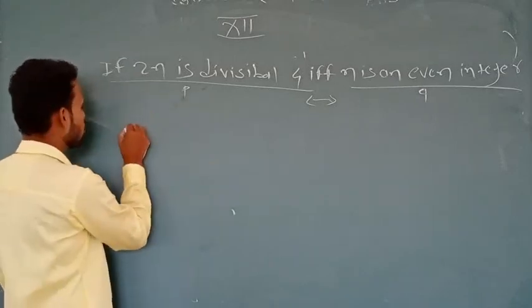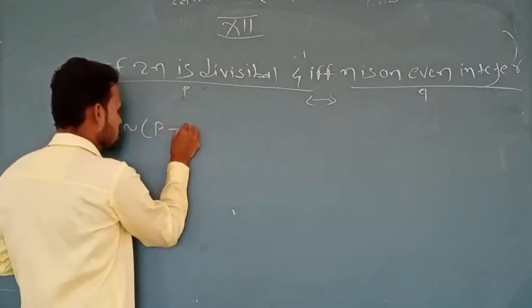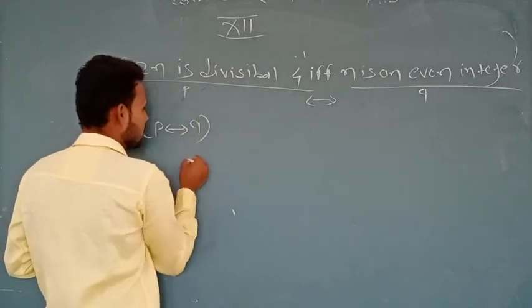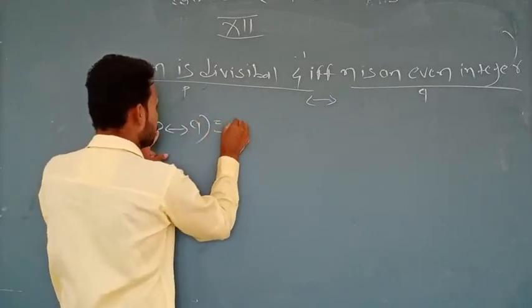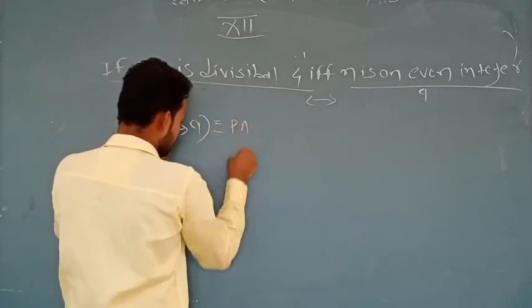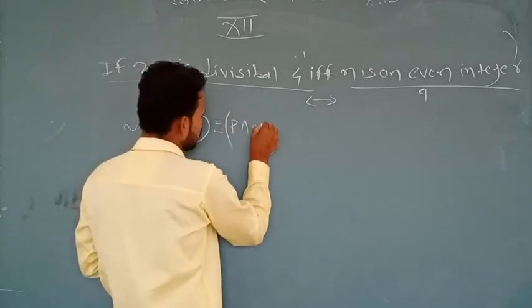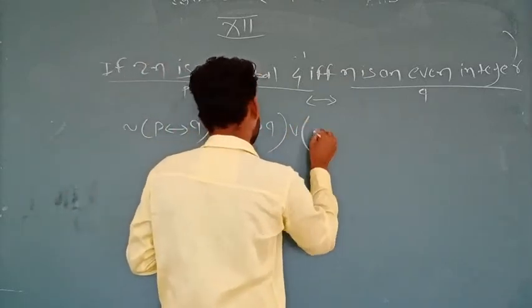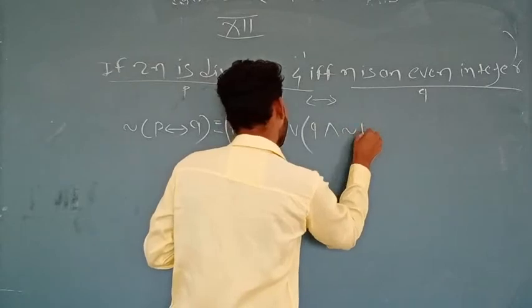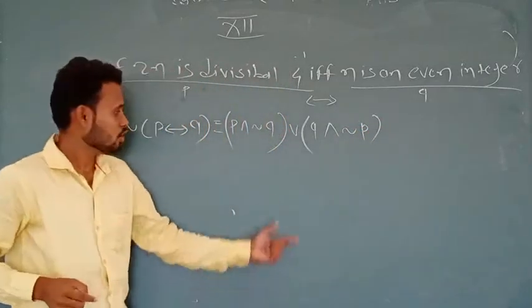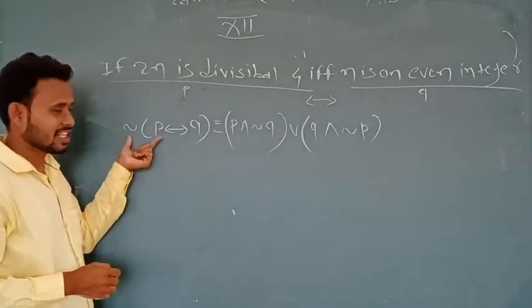We know the negation of a biconditional statement is equivalent to the first statement P as it is, and with the negation of Q, or with Q and the negation of P, which is the required negation of that statement.